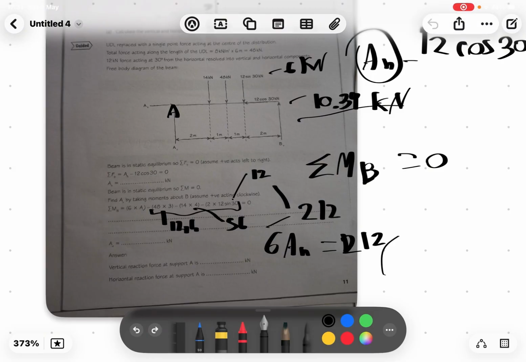Even though B equals all of this and all of this equals 0, it's kind of the same thing, basically substitution, right? So we divide it by 6 to have only the A, which will be 35.33.